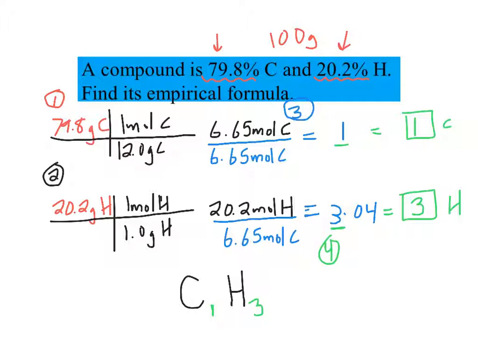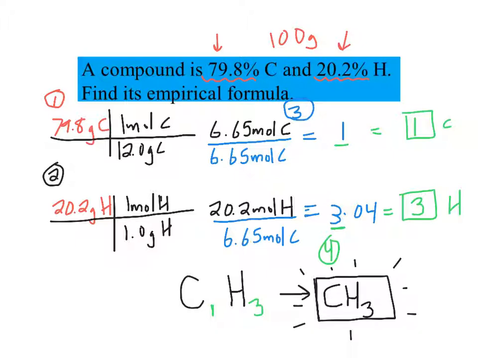So if I was writing this out, my final formula would be CH3. I don't have to include the 1 there. But that's what I'm doing. I'm trying to find the formula, the actual formula of this compound. And that's what I did. So I have successfully calculated the empirical formula for this compound.